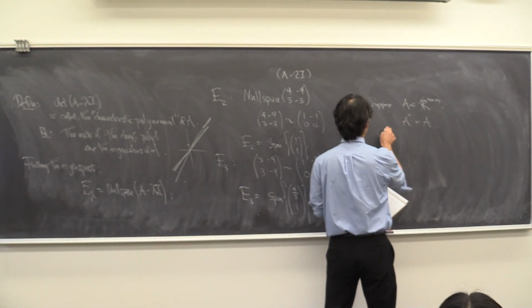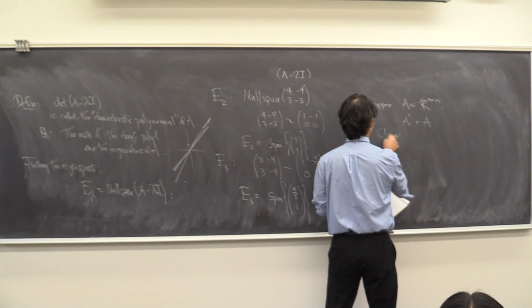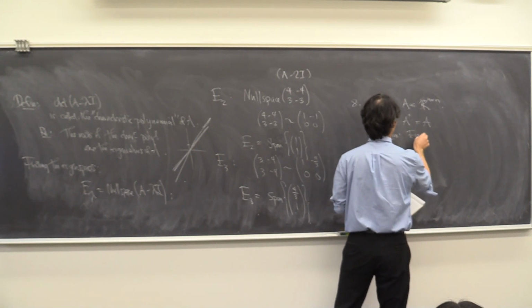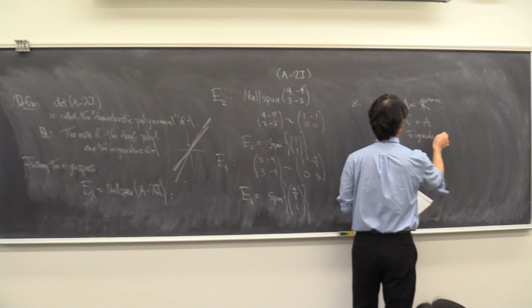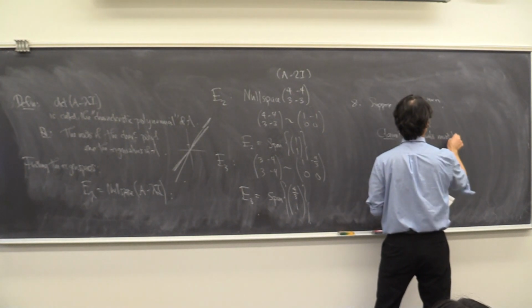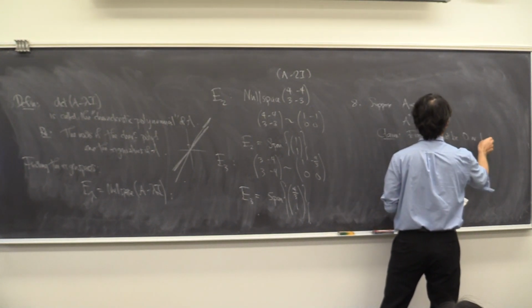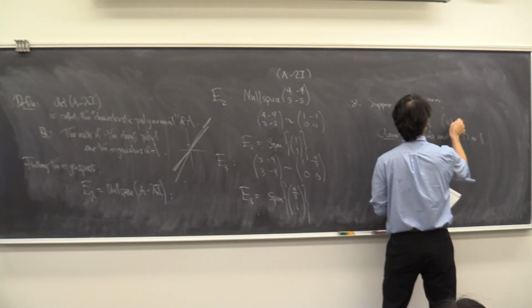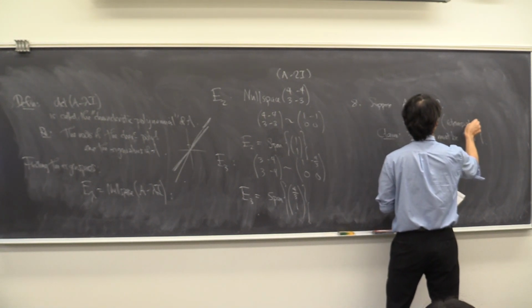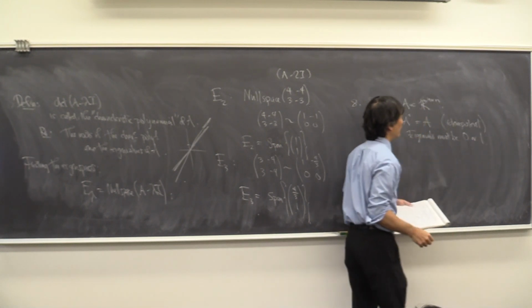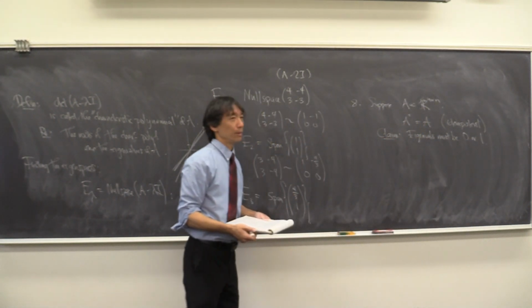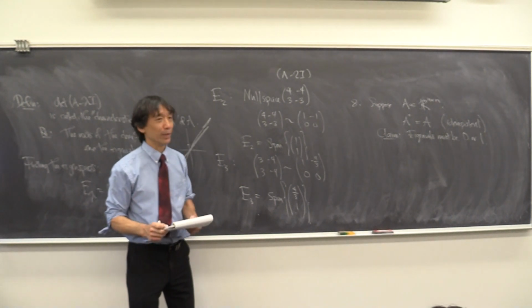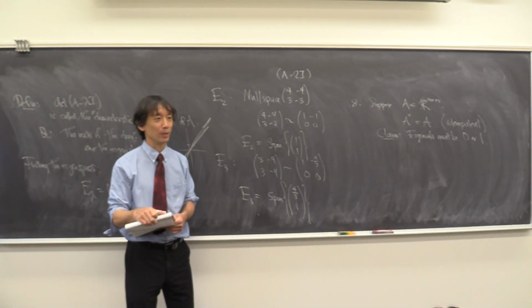Claim: the eigenvalues must be 0 or 1. This kind of matrix has a name. It's called idempotent. We don't use this word very often, but it does have a word.